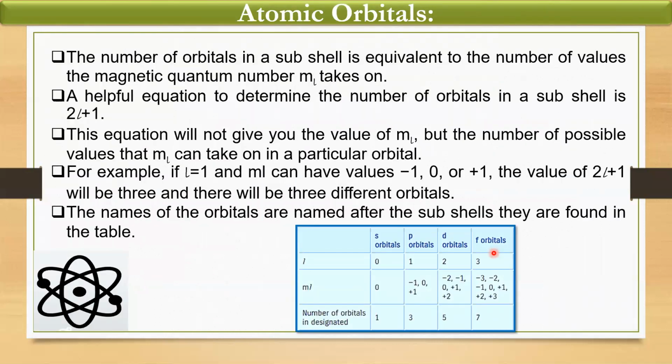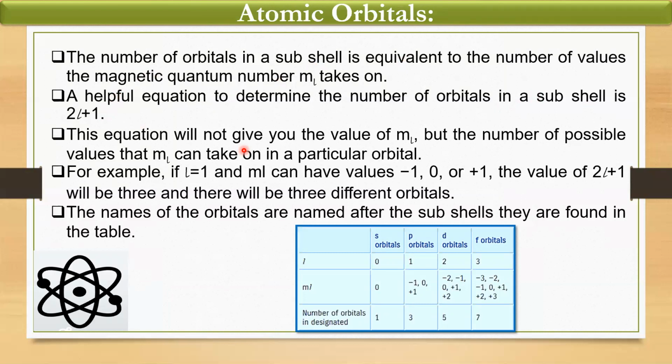Now, how are we going to determine the atomic orbitals? The number of orbitals in a subshell is equivalent to the number of values the magnetic quantum number ml can take. A helpful equation to determine the number of orbitals in a subshell is 2L plus 1. This equation will not give you the value of ml, but it will help us know the number of possible values that ml can take on in a particular subshell.